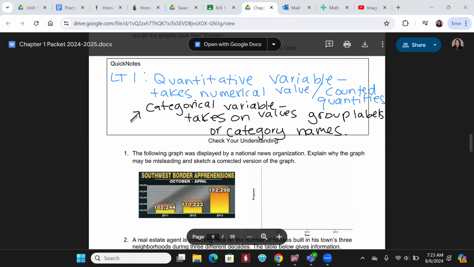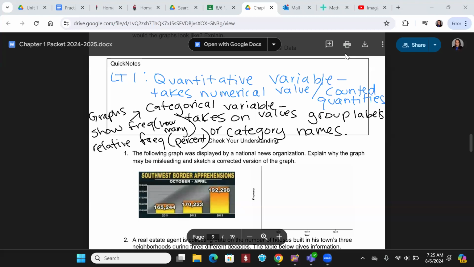Now, the graphs for these are going to show frequency, which is how many, or relative frequency, which is going to show the percentage. I'm going to pause. I'm going to let you finish, and then we'll continue.